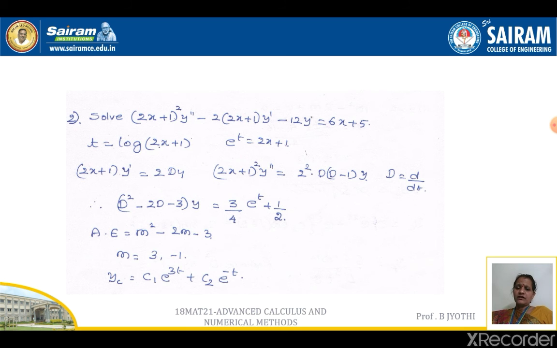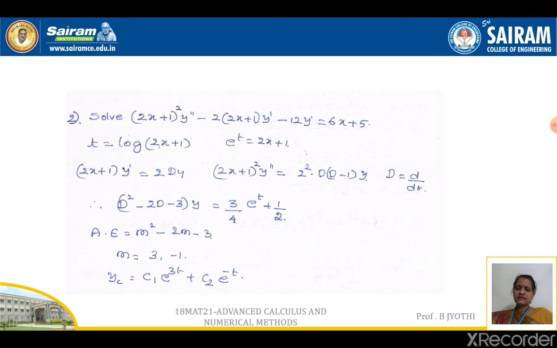Therefore, on substitution and simplification, we get 4 times as a common, which can be taken to the right hand side and divided out. Then on simplification we get D squared minus 2D minus 3 of y is 3 by 4 times of e power t plus half.